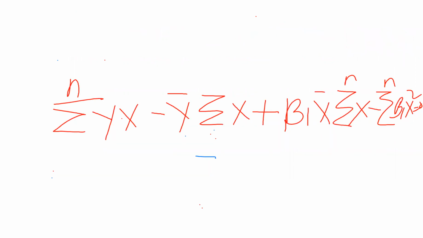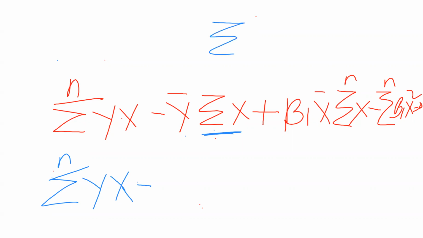Now, when you reach from here, you've seen that almost all these have got beta 1, right? You make beta 1 the subject of the formula. So you have n, the summation of yx minus c, here, where there is summation of x. What did I say?